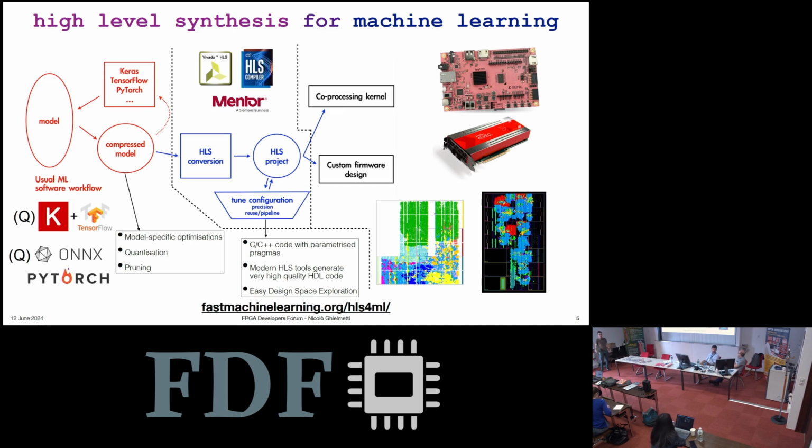Through HLS, there is the possibility to easily perform design space exploration, and nowadays the tools are also able to generate very high quality HDL code. By selecting some of the backends that HLS4ML has implemented, it's possible to implement the neural network on different supported FPGAs.